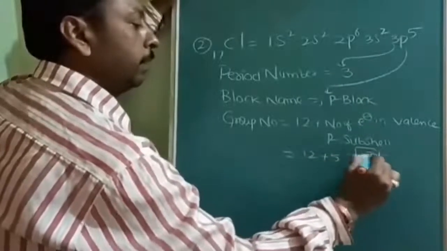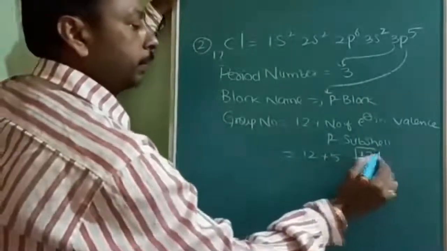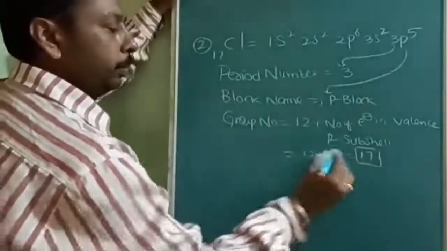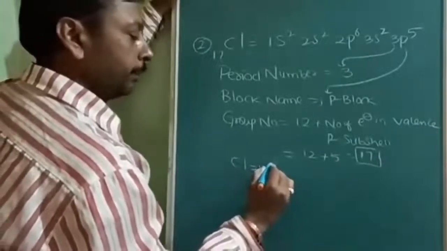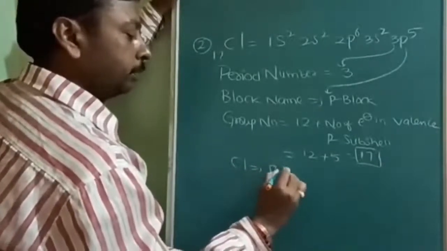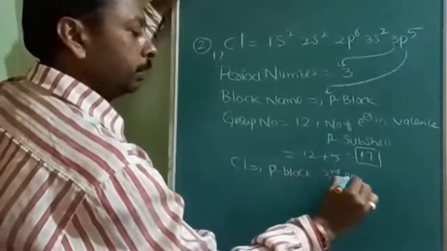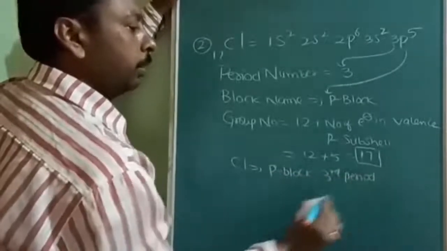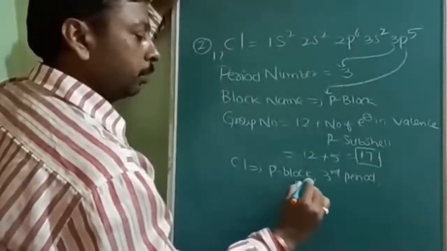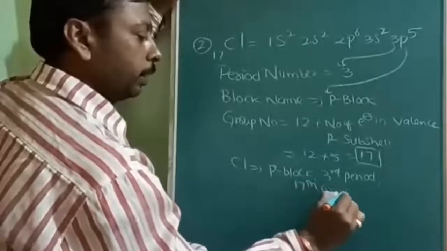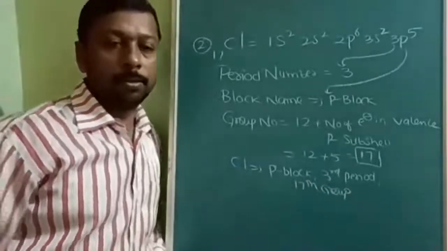Therefore, the group number is equal to 17. Therefore, the location of chlorine is third period, P block, and 17th group. Okay, so note down this chlorine.